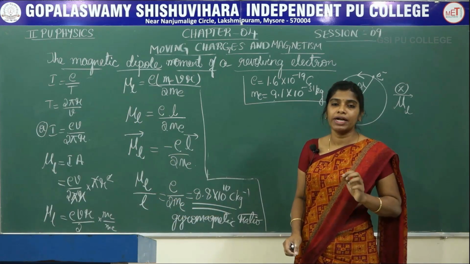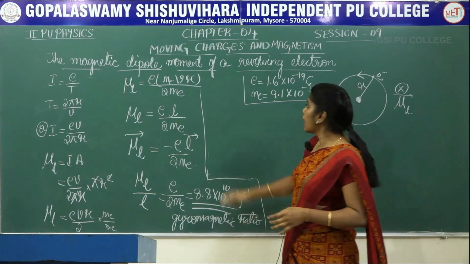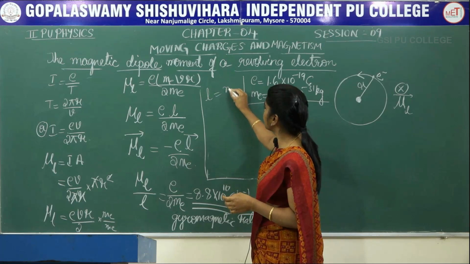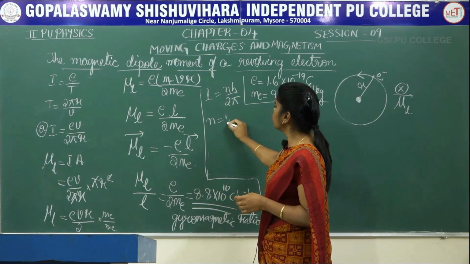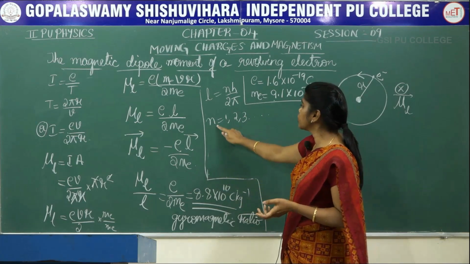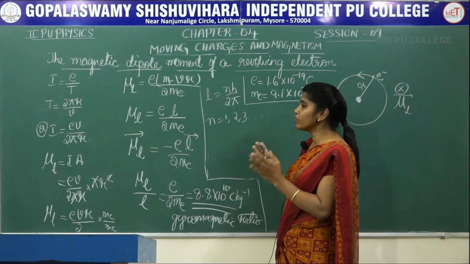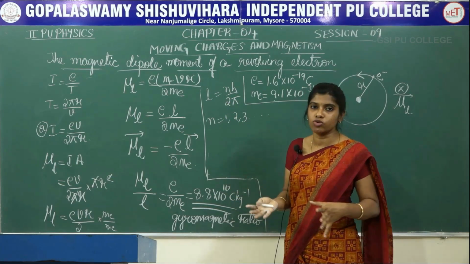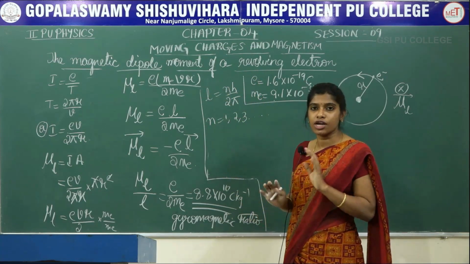The angular momentum can take up a set of discrete values, and it is given by L is equal to nh by 2 pi, where n is equal to 1, 2, 3 and so on. If you substitute n as 1, 2, 3, you are going to get a set of discrete values, and this condition is called the Bohr quantization condition.